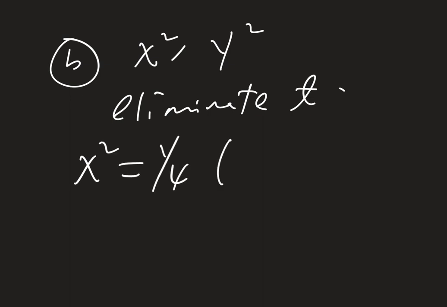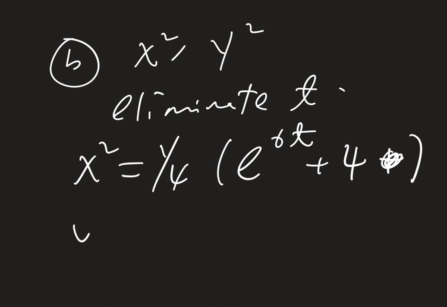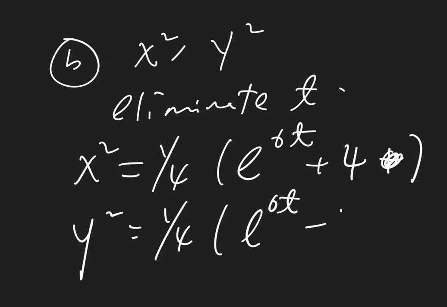Why do we square it? Because ultimately we're going to get the same answer. When we square it, this becomes e^(6t) plus 4, because e^(3t) times e^(-3t) is 1, and plus nothing. So y squared becomes 1/4 e^(6t) minus 4.